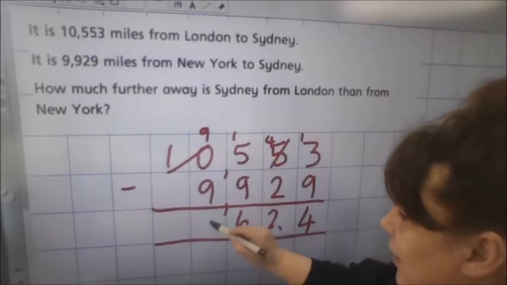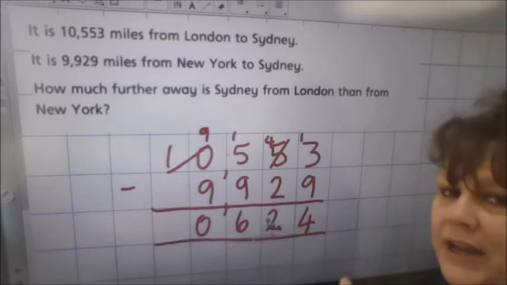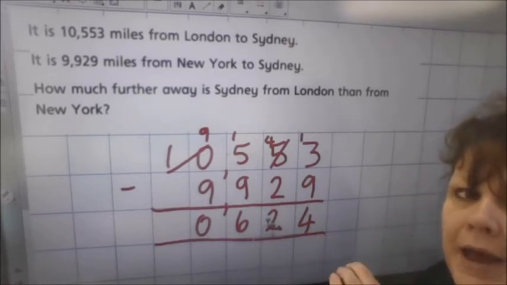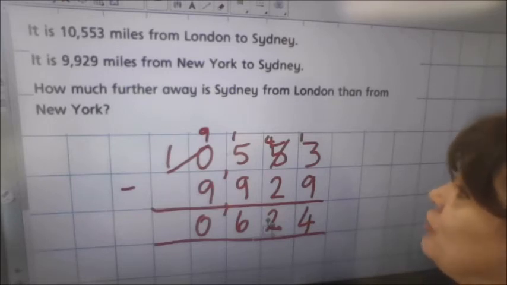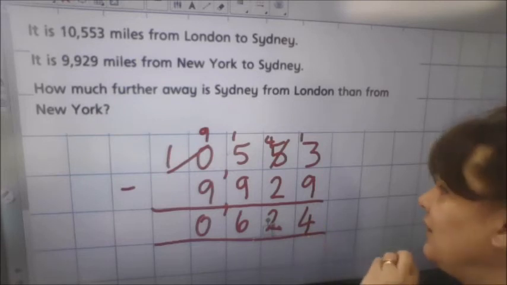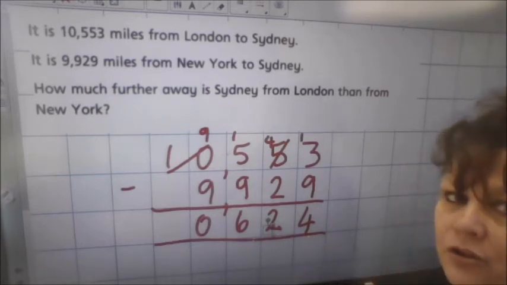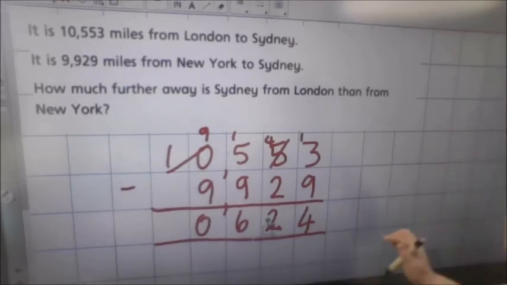And then 9 take away 9 is nothing. So it's 624 miles further from London than from New York. So we've worked that out. It's 624 miles further away. Okay, so let's have a little look at another problem then.